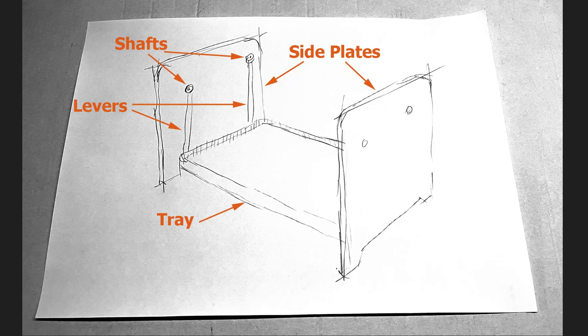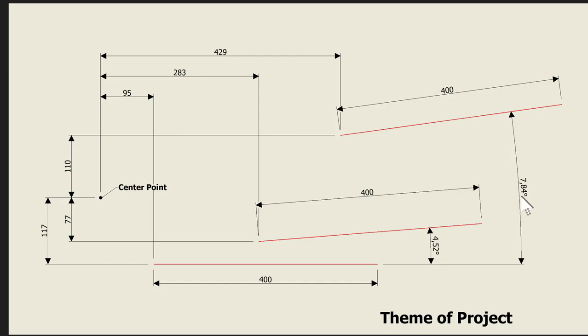Your boss has placed here 7.84 degrees, 4.52, and so on, but this is the same, 400, 400. Good. Let's start.